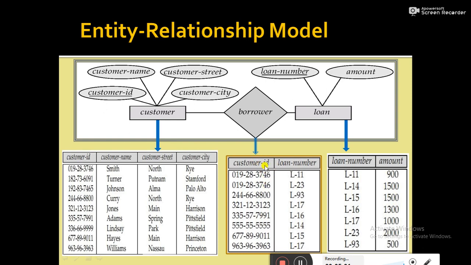The relation borrower should include the primary key from both the relations that participate in the relationship. That means the borrower relation has the primary key from customer, which is customer ID, and it should include the primary key of the loan entity set, which is loan number. So this is the design in the relational model.